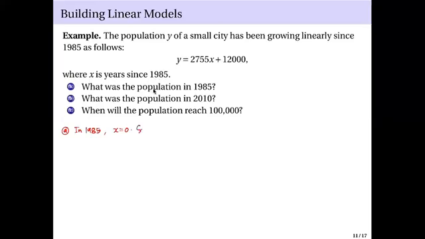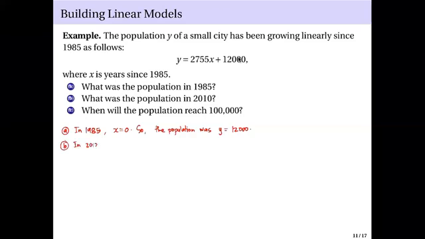So the population was Y equals 2755 times 0, that's just 0, plus 12,000. So the population was 12,000. Letter B.